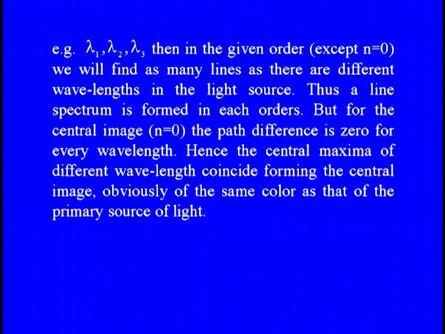Hence, the central maxima of different wavelengths coincide, forming the central image, obviously of the same color as that of the primary source of light. On the other side of the central image, a similar set of spectra is formed. In each order, the spectrum line corresponding to the shortest wavelength is formed on the side towards the central image.